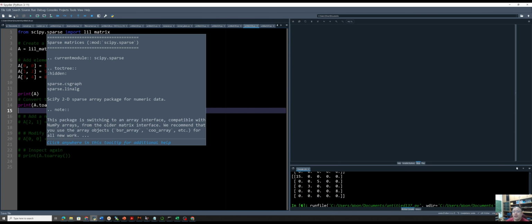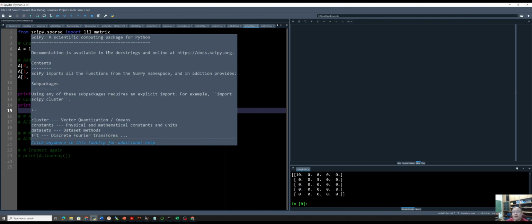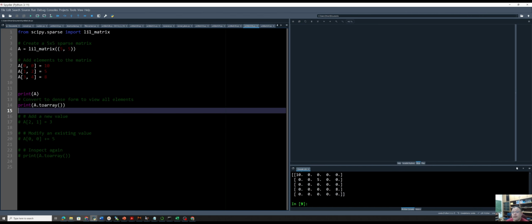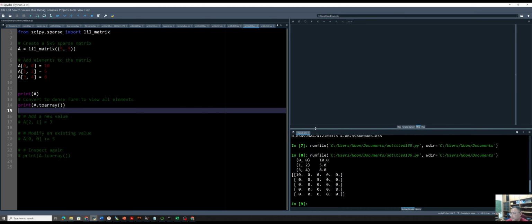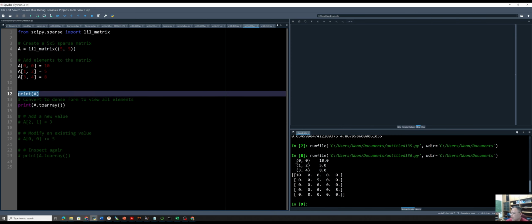So I have a matrix like this, lil matrix 5 times 5. Okay, so my A has 10, 5, 8. I ask to print A, it only prints these, and the rest are not shown. Because this is an efficient way to store the elements, assuming the rest are 0, so the 0s do not take up memory.